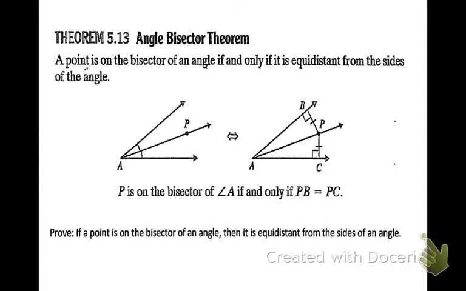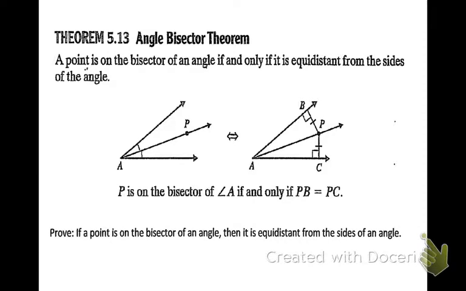Okay, angle bisector theorem. A point is on the angle bisector of an angle if and only if it is equidistant from the sides of the angle. So P is on the bisector of angle A if and only if PB equals PC. We know the shortest distance to the line would have to be a perpendicular.